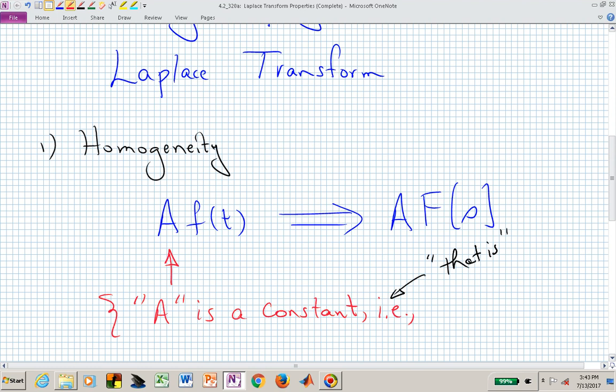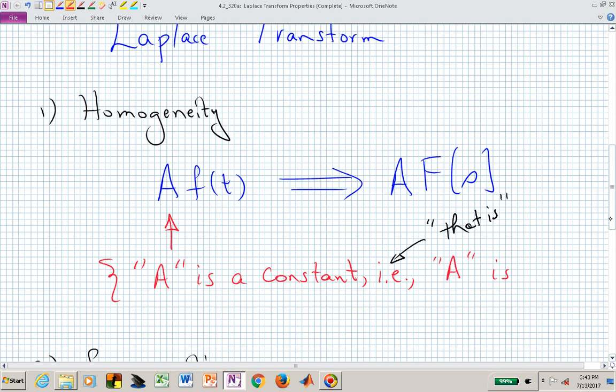That is, a as a variable is not a function of time t or the original waveform f of t.